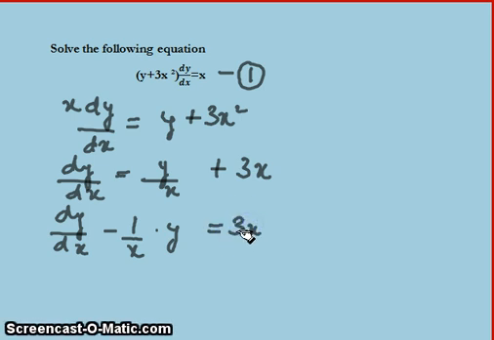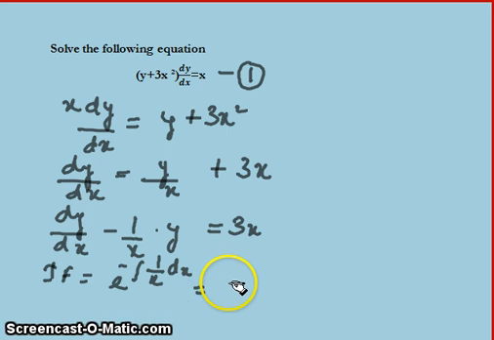Now this is a linear differential equation in y, where the integrating factor is equal to e to power integral of p dx, where p is minus 1 by x.